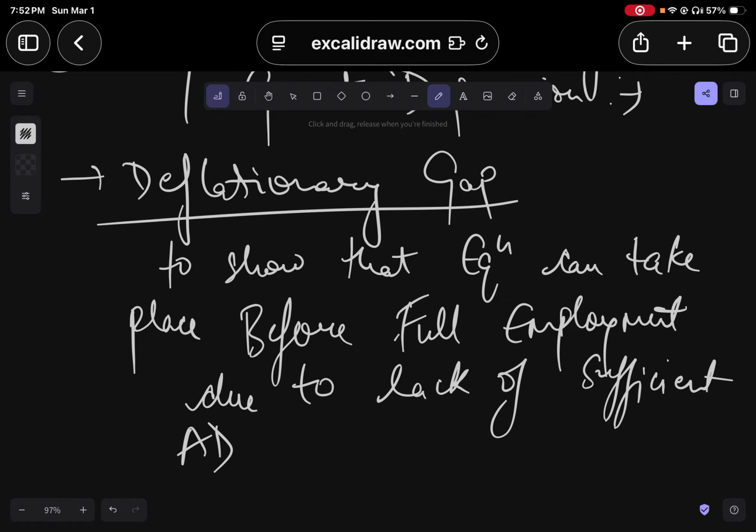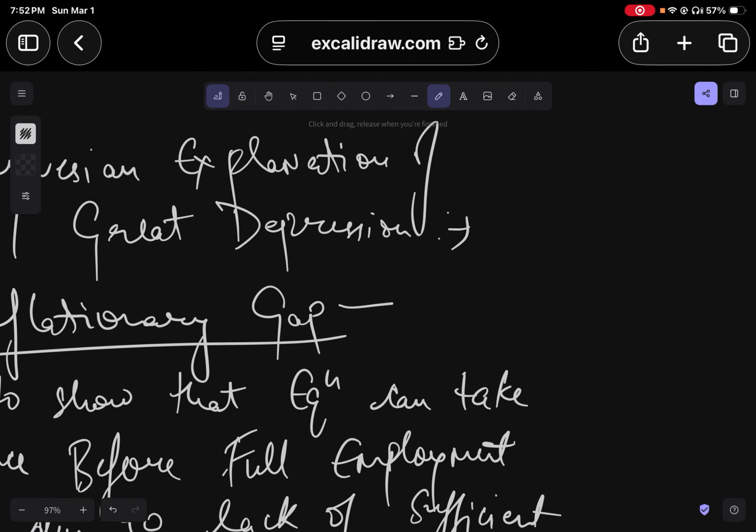Under deflationary gap, actual AD is less than expected AD at the full employment level of output, or there is deficient demand at the full employment level of output.